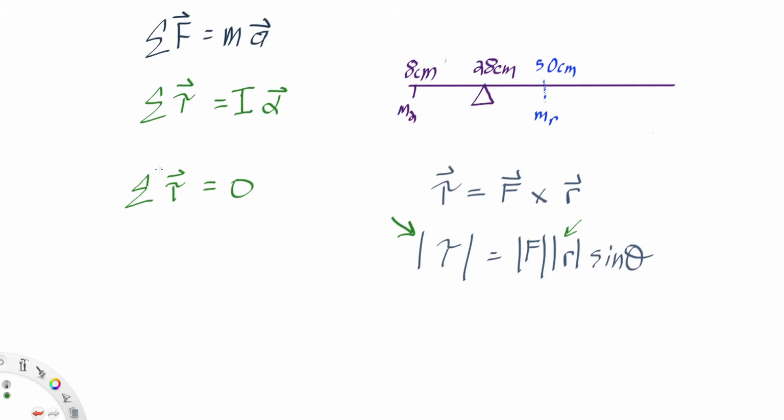And so when we write down our sum of torques, we get the torque due to the ruler minus the torque due to mass 2 equals 0.